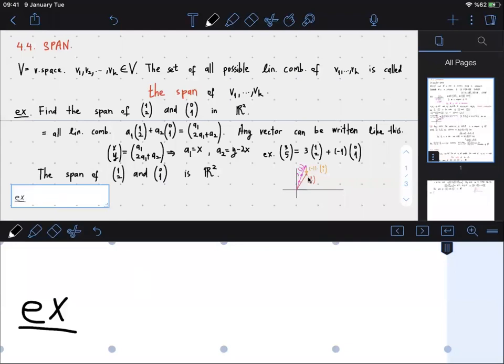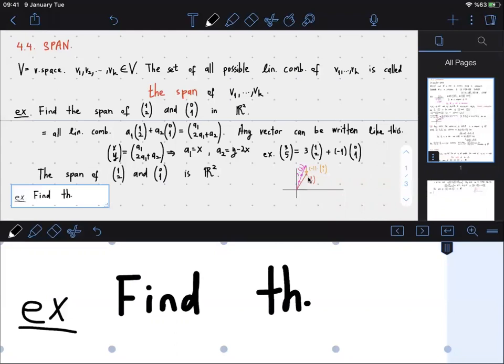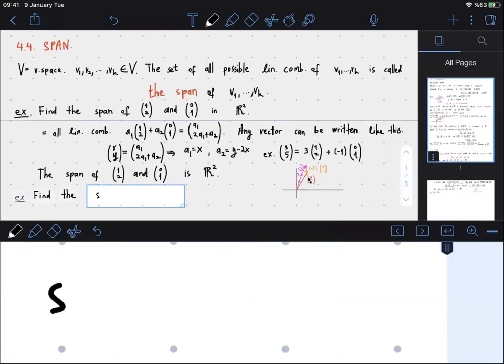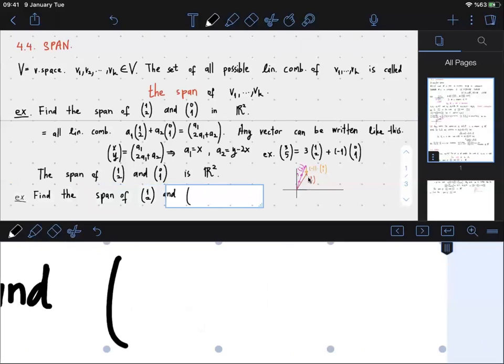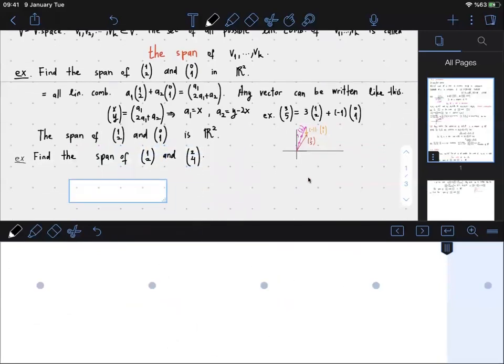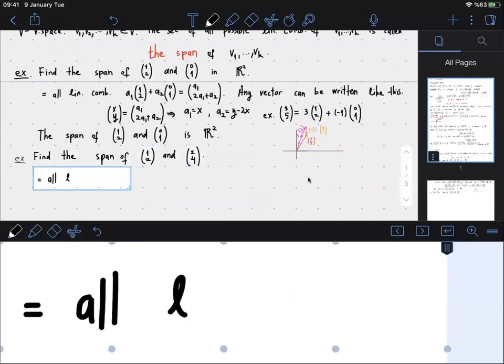Find the span of, let's say, 1, 2 and 2, 4. Let's look at the span of these two vectors. Now, what does span mean? Span means, again, all linear combinations of these two vectors.